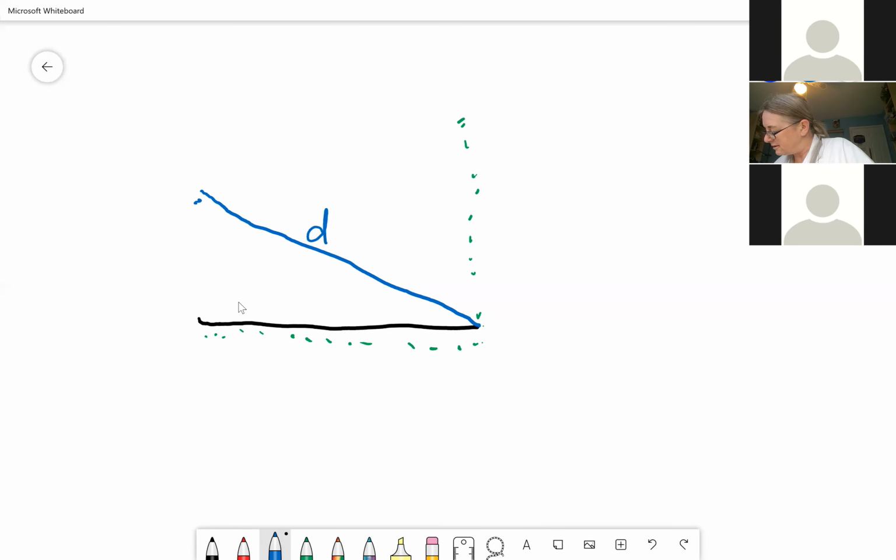You need the distance for the Dallas, that's the Buffalo Bill. Here's your distance for your Buffalo Bill, and this is your distance for your Dallas Cowboy. And you're given a velocity for your Dallas Cowboy, which is 8 meters per second.